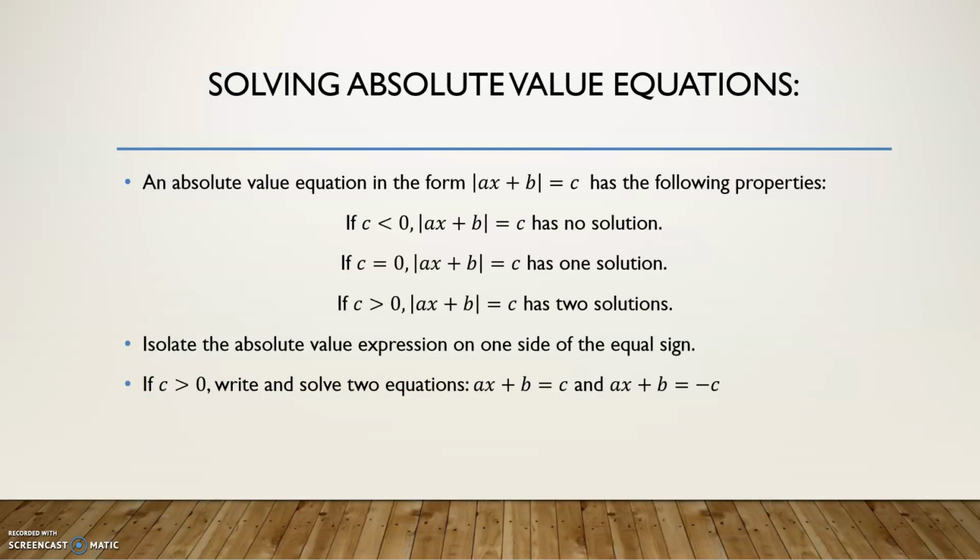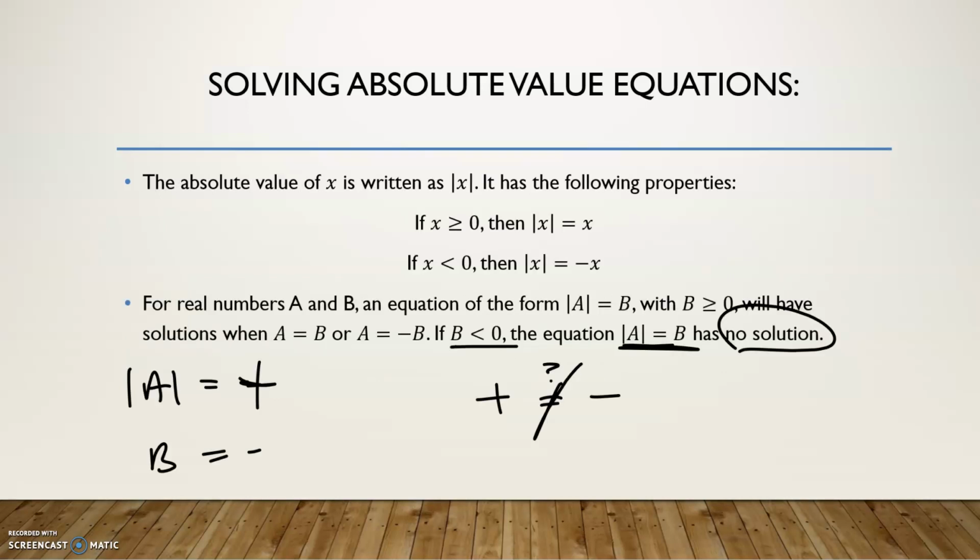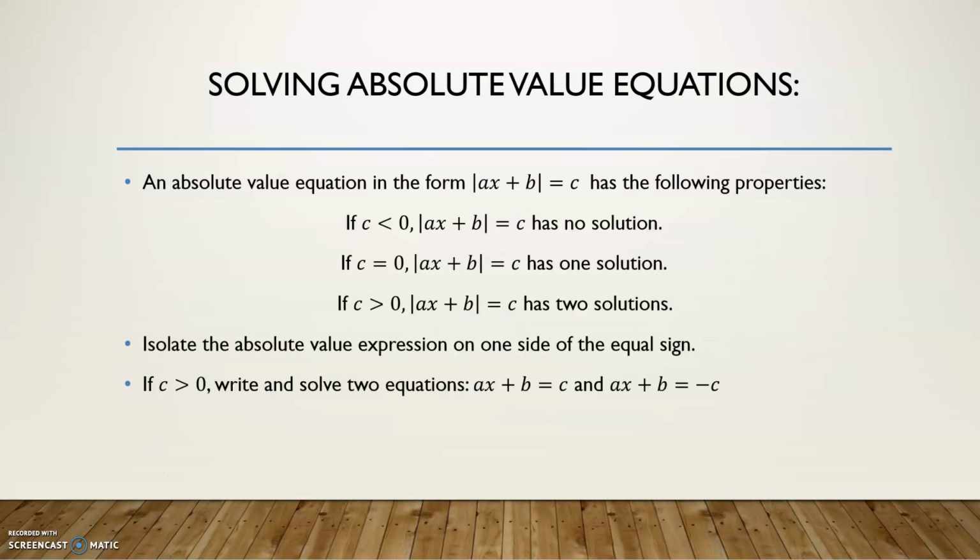Okay, now if an absolute value equation is in the form ax plus b equals c, then if c is a negative number, then that equation will have no solution, same as what we went through over here. Positive can't ever equal to negative. If c is equal to 0, you will have one solution. If c is a positive number, you will have two solutions.